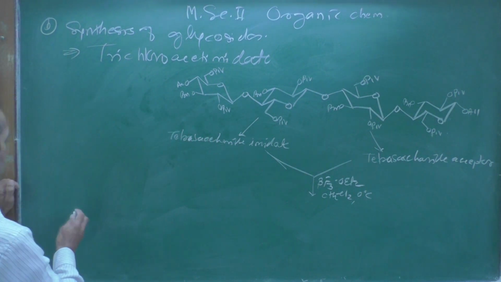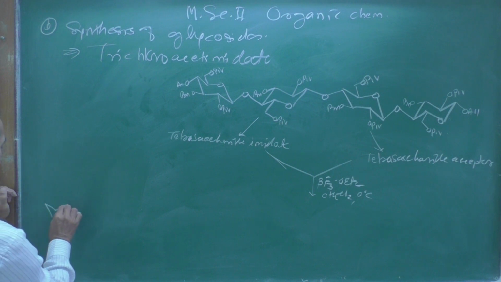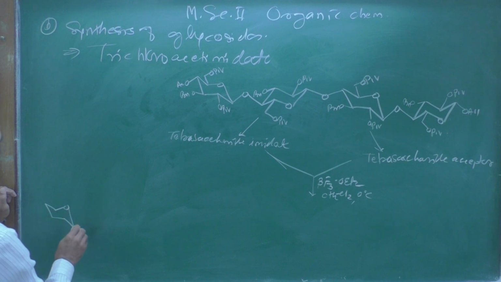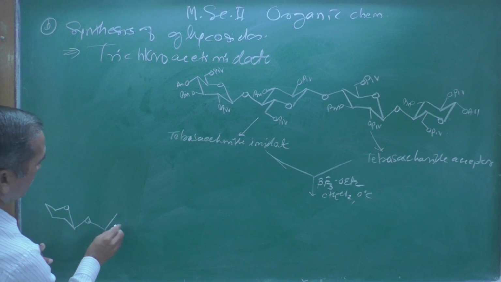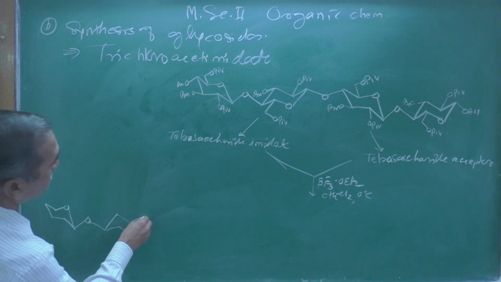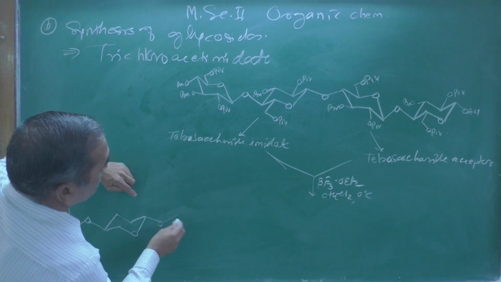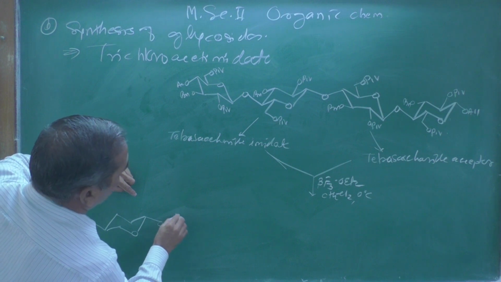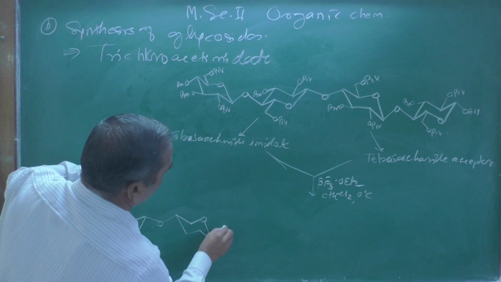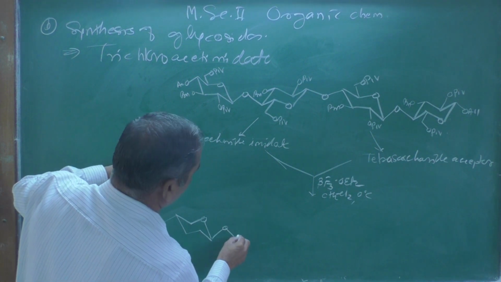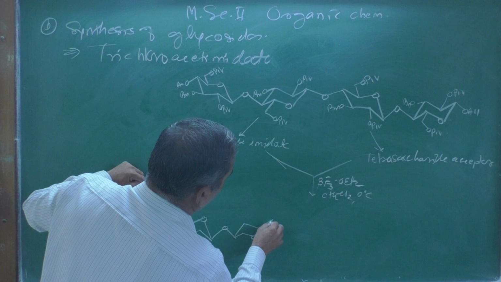So this molecule is like this. Once again you can draw this one as it is, then the oxygen atom, then you can draw this structure, this oxygen atom, and now this one, then this oxygen atom, then here oxygen, then this one.